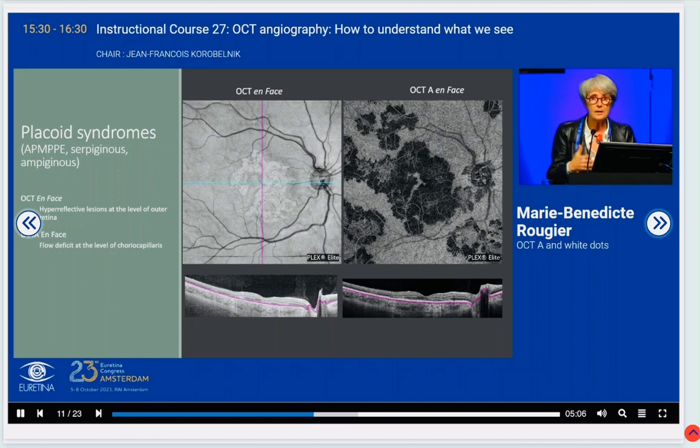And if you perform the OCT angiography, you can see the black zones which correspond to choroidal ischemia, and they colocalize very well with the fundus lesions.